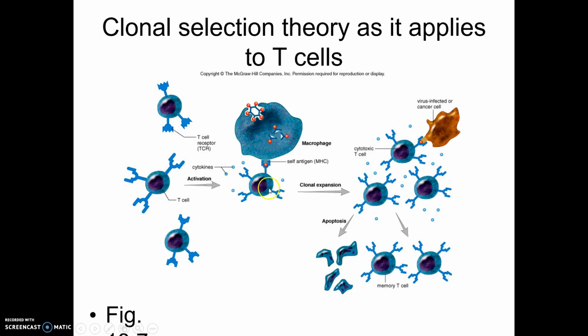In other words, these have receptors, and these receptors are formed in the development of these T cells after they migrate to the thymus. Then they develop a vast variety of receptors that have the ability to recognize a vast variety of shapes that antigens could possibly form.